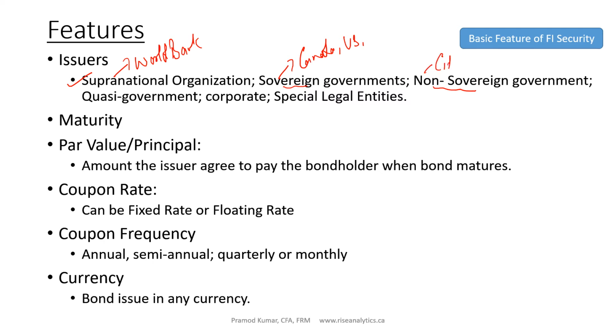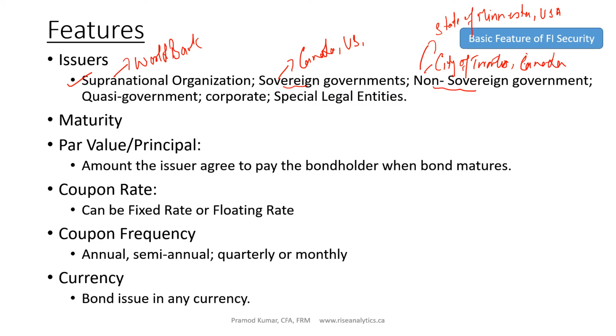So, for example, the city of Toronto, or the state of Minnesota in the USA, and this is Canada.